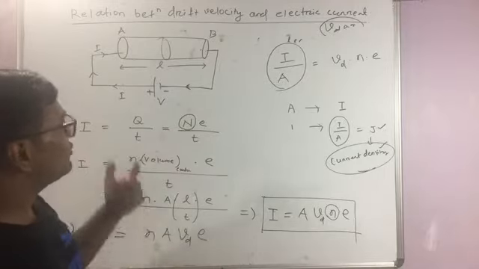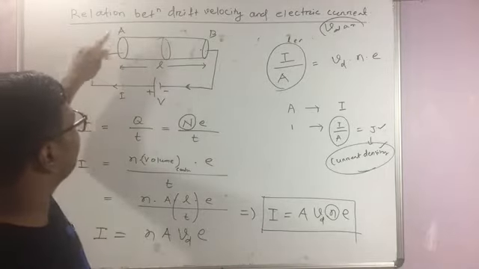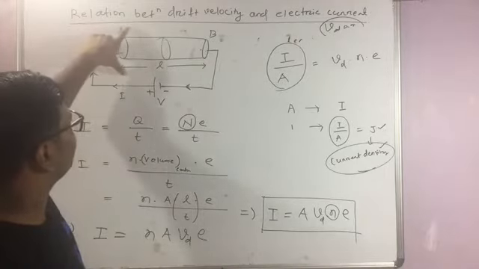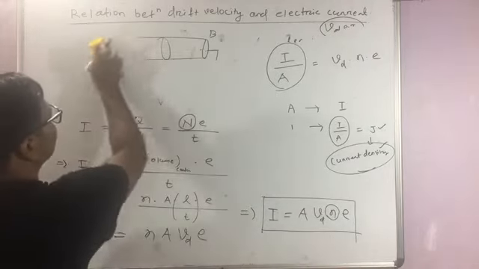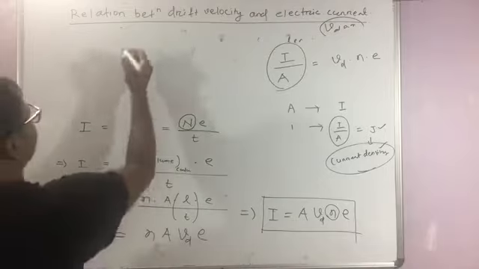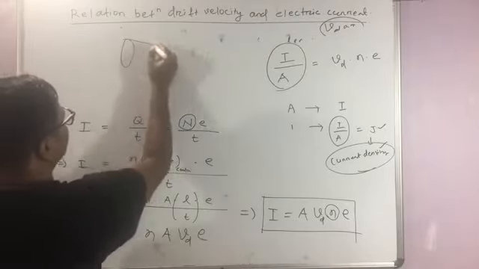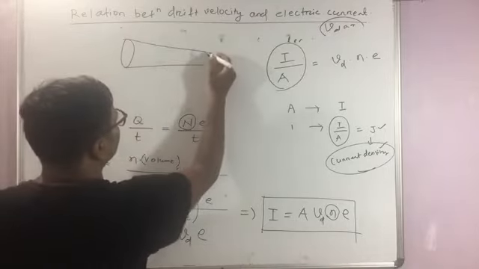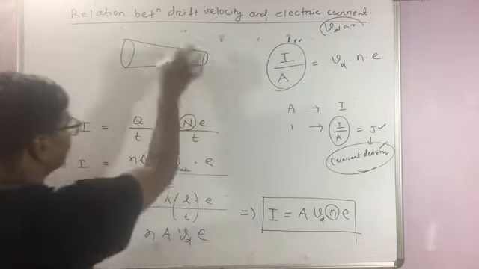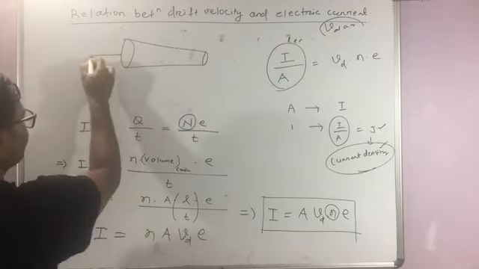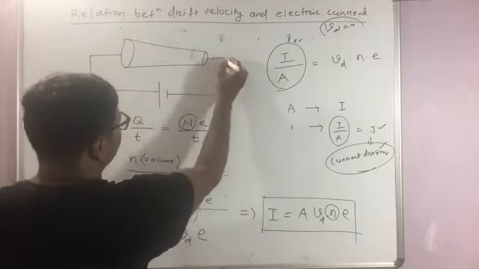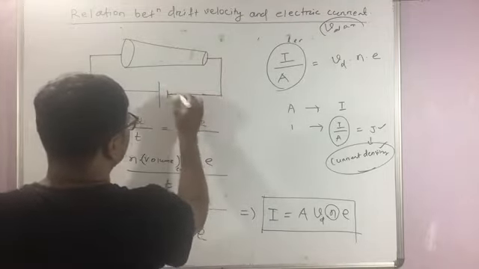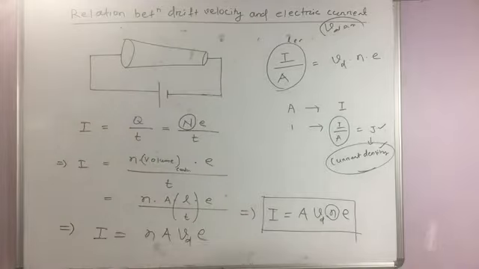But suppose there is a conductor having variable cross section, connected to a battery. Then what will be the amount of current flowing through the circuit?